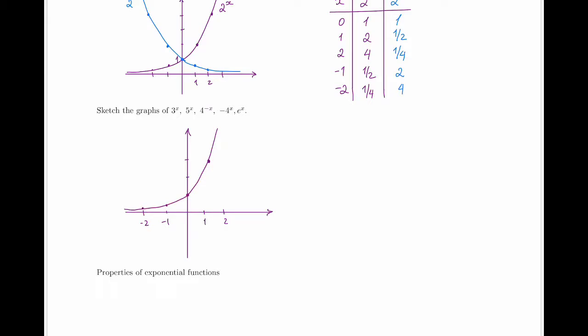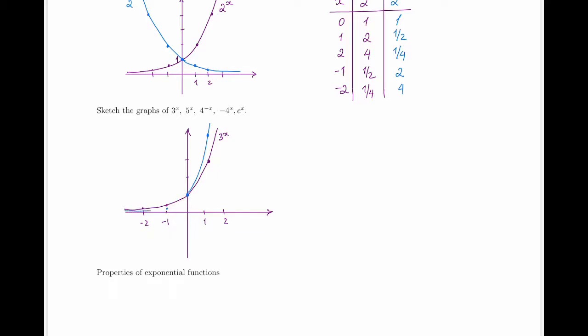If on the same graph I am now to sketch 5 to the x, I once again notice that 5 to power 0 is still 1, so I'm still going to have this point right here. But now at 1, I'm going to have a 5, so my graph will surpass that of 3 to the x immediately after the y-intercept here. But on the negative side, I'm going to have 5 to power negative 1 is 1/5, which is below a third.